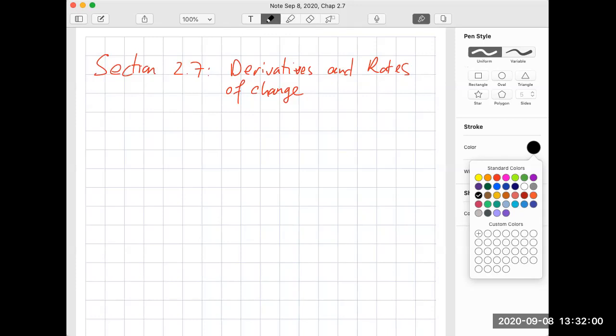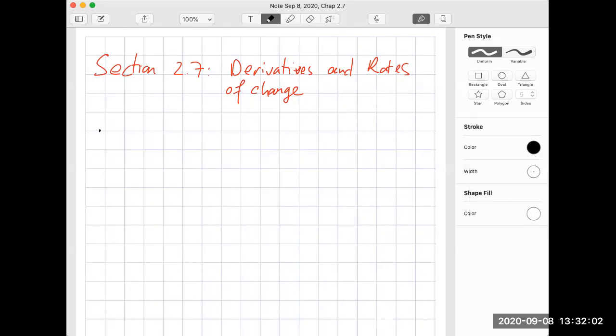We have reviewed in 2.1 the tangents and velocity, which are the ingredients for defining the derivative, and the rates of change for today.